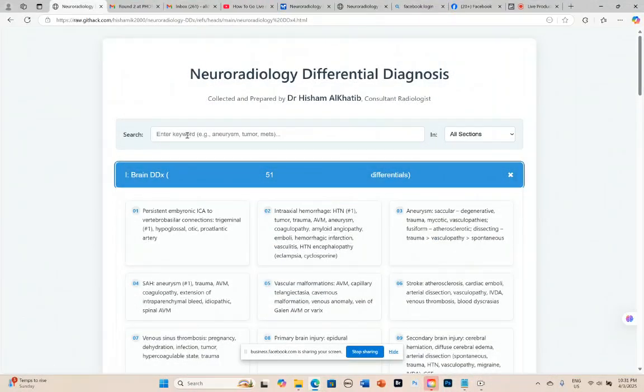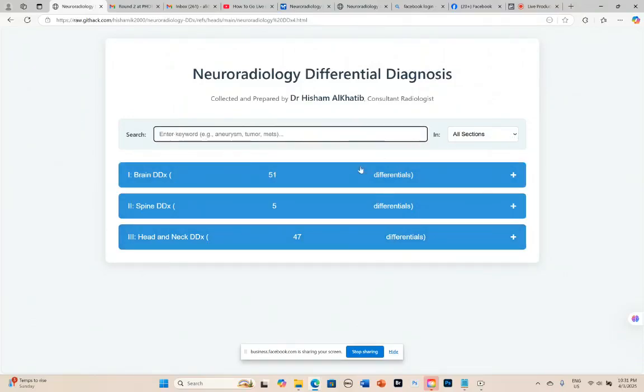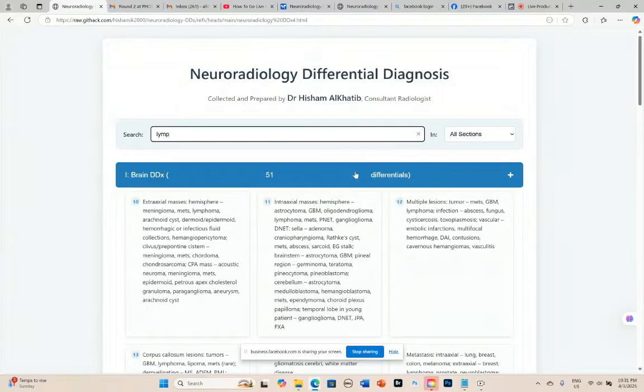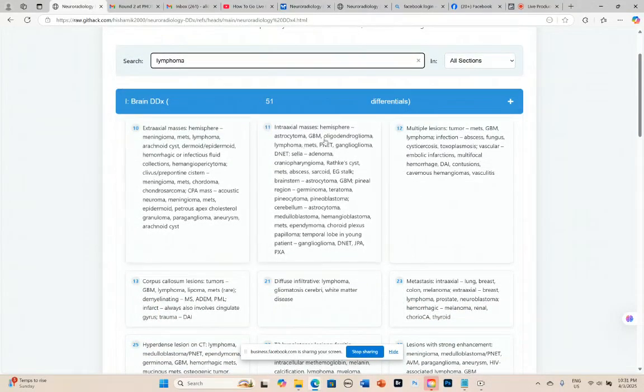We can search the differential diagnosis by all categories: brain, spine, or head and neck. For example, if we search all sections and write lymphoma, we see in the brain an extraaxial mass and an intraaxial mass of lymphoma.